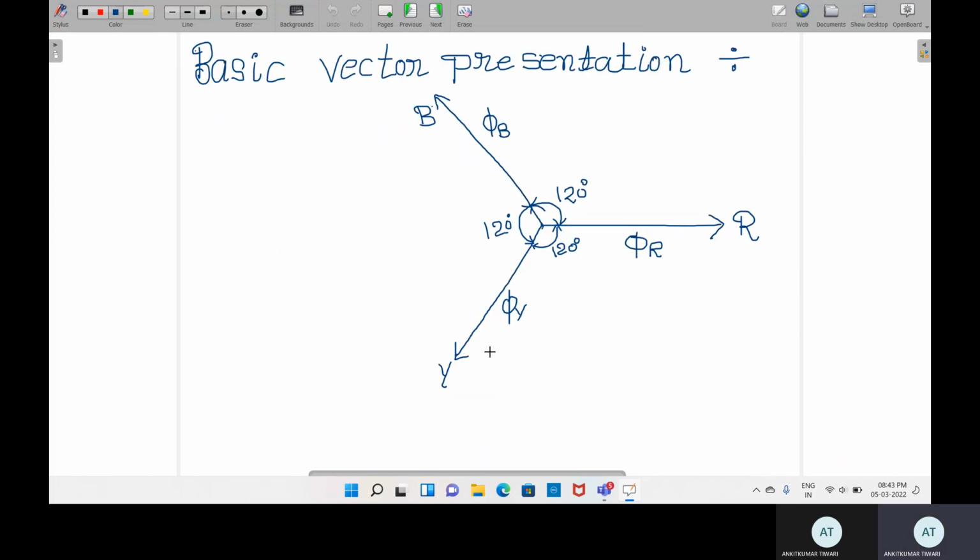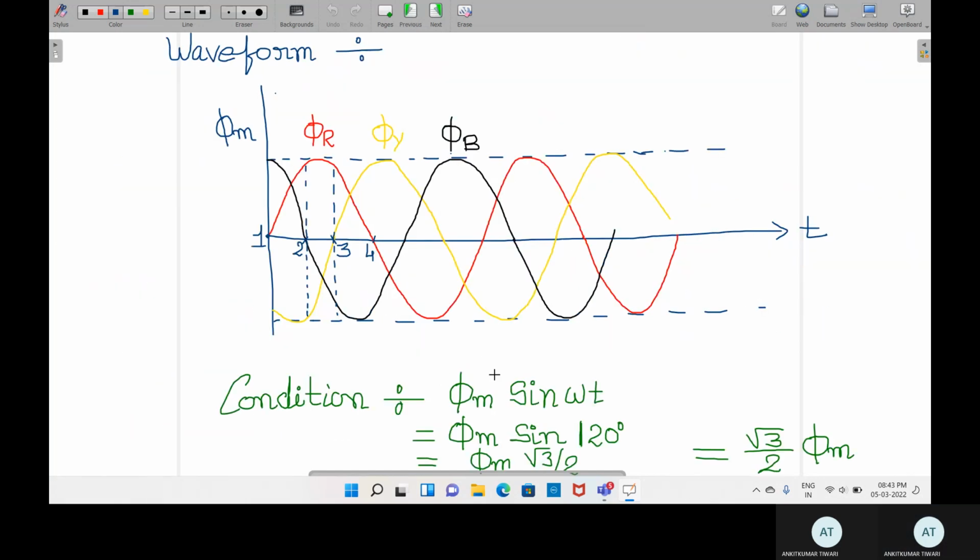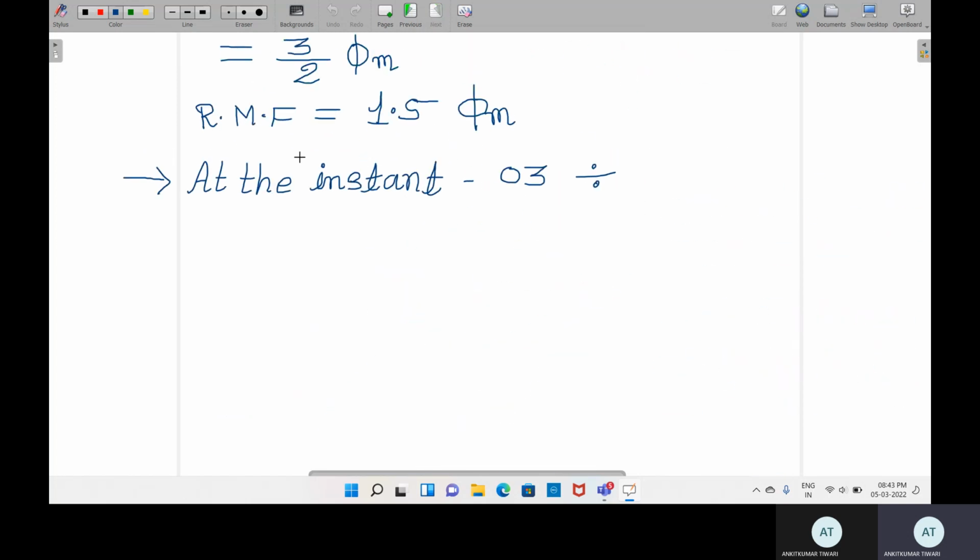Means this vector is 0. Phi y is 0, but phi r is positive and phi b is negative. Now phi b is negative, phi r is positive. So we will draw phi r as it is. This is OA, phi r.